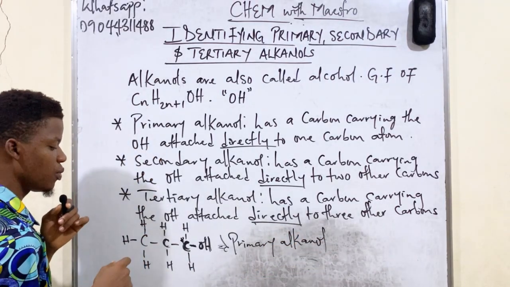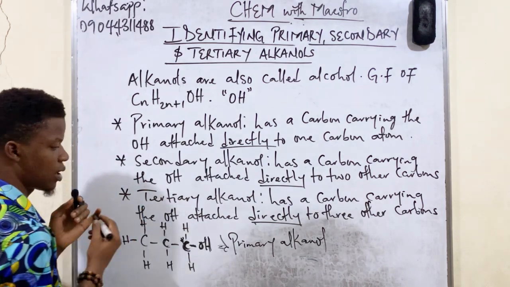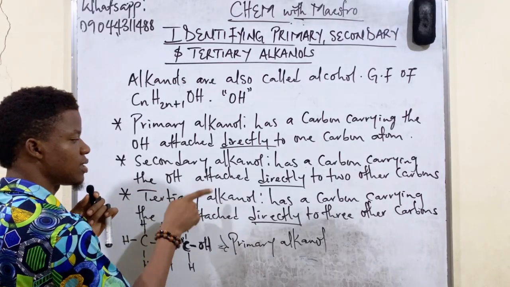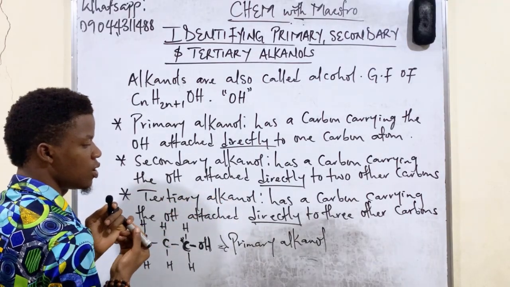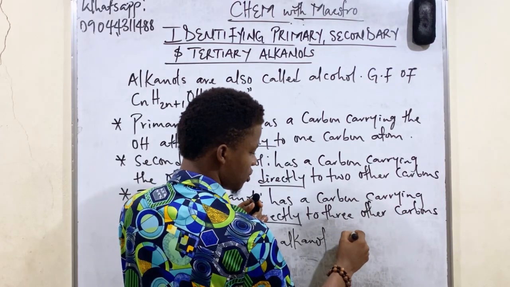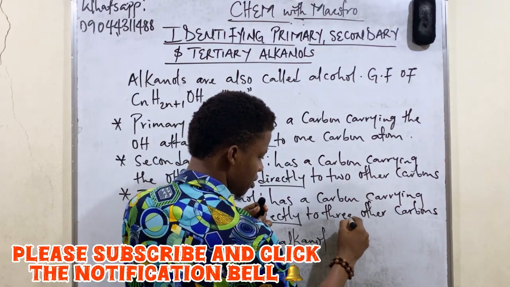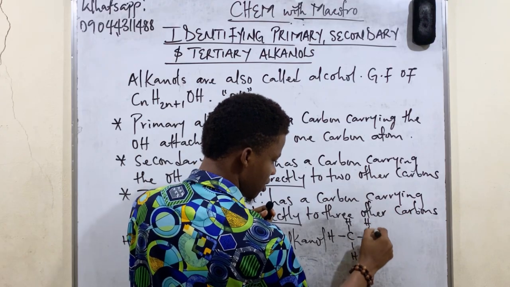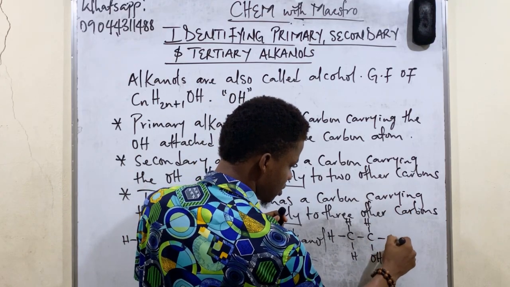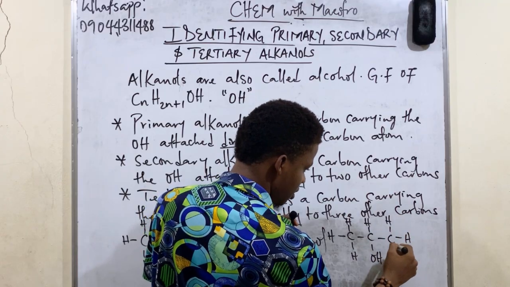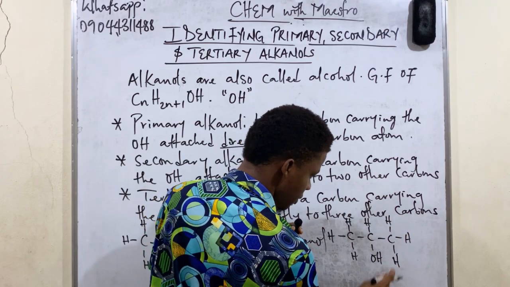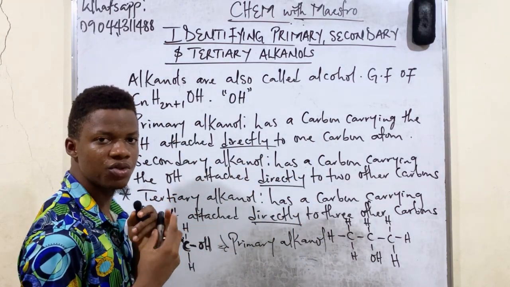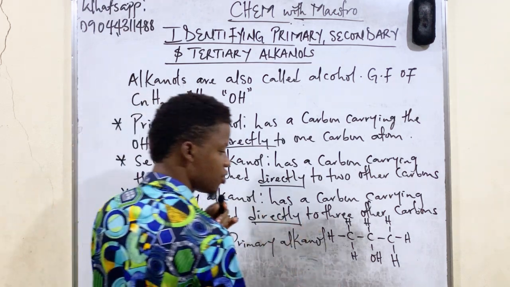All right, so how do we know a secondary alkanol? Remember, a secondary alkanol has a carbon carrying the OH attached directly to two other carbons. So take for example, I give you something like this: C H H H, then C H O H, then C H H H. Now this is a secondary alkanol or a secondary alcohol.